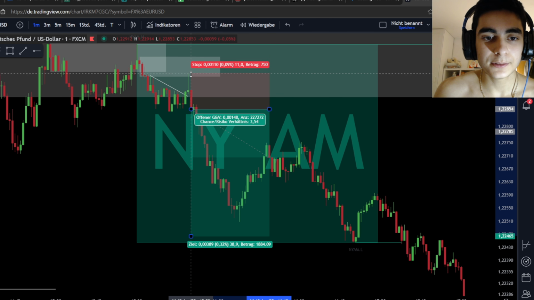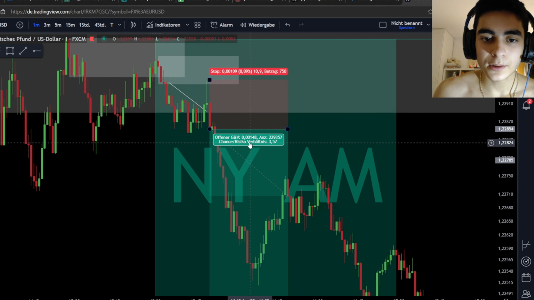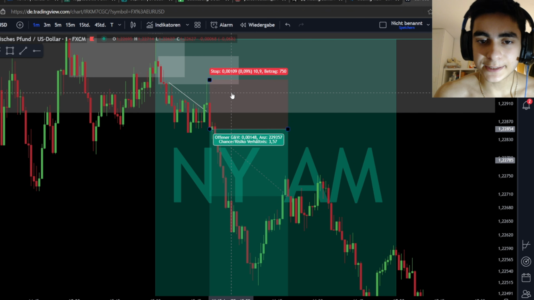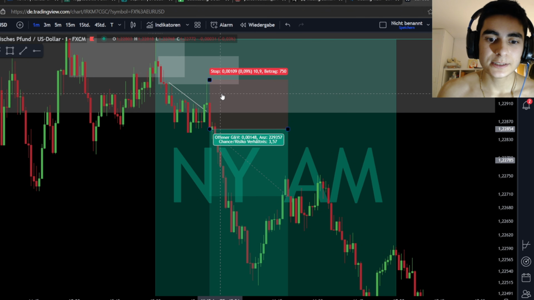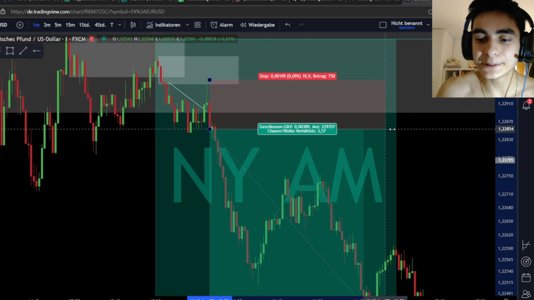Have my stop loss at the high of the doji candle, which is a 10 pip stop loss, which is the maximum pip range I want my stop loss to be. I don't usually want my stop loss to be above 10 pips.